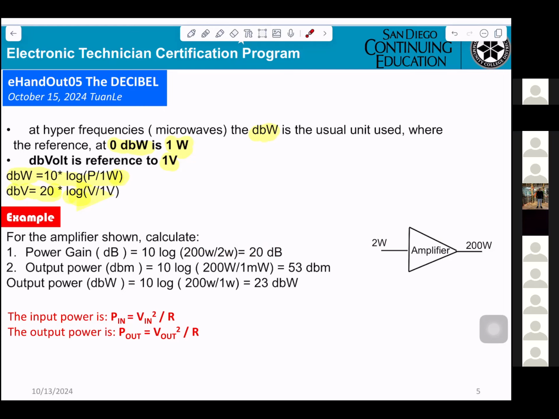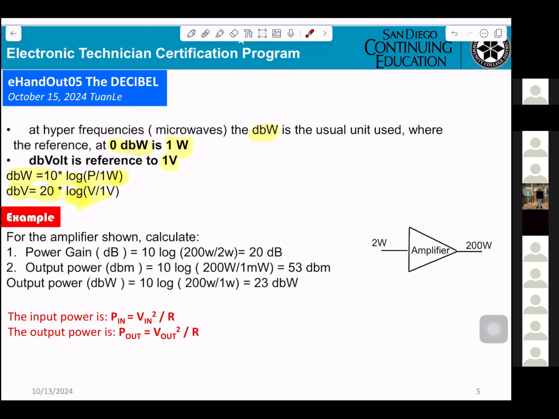Output power in dBm equals 10 times log of 200 watt divided by 1 milliwatt. You get 53 dBm.